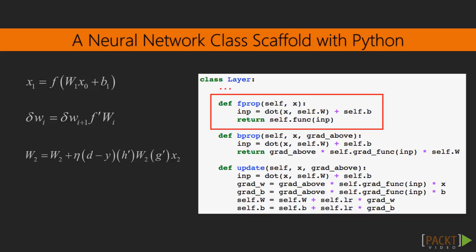That can be a hyperbolic tangent back in multi-layer perceptrons from the 80s, or ReLUs like we use in our code. All these operations could be implemented in NumPy, for instance.